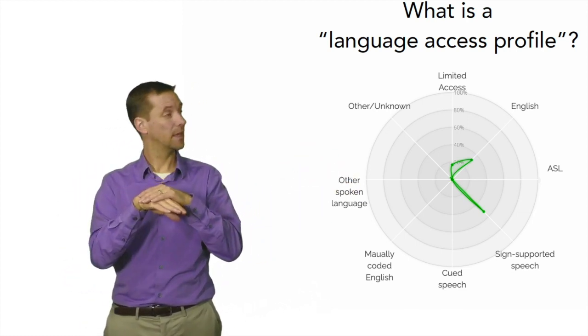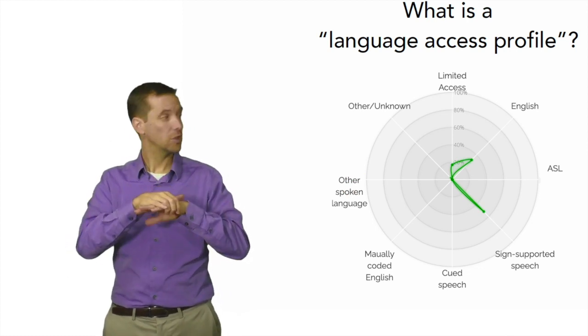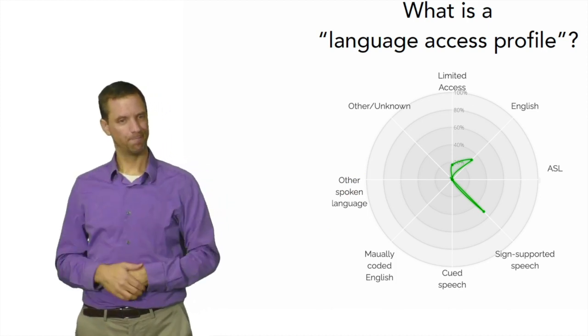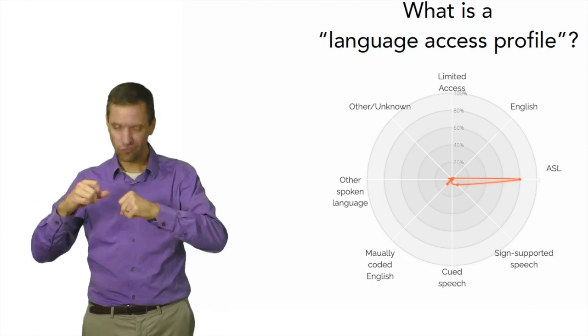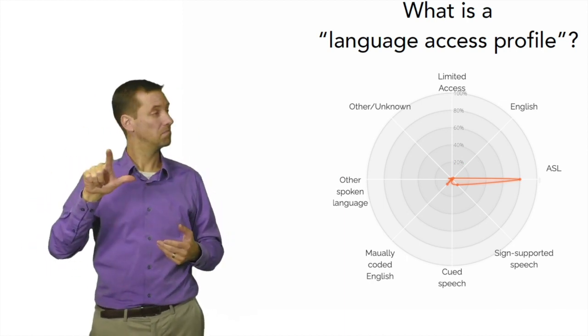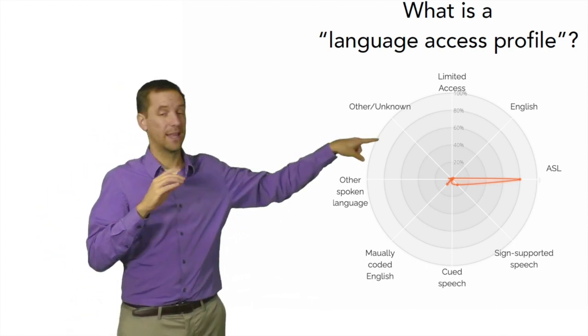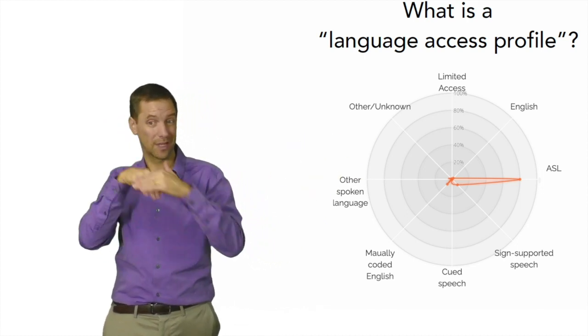In this case, we have about 20% limited access, 30% auditory access to spoken English, and in this case, most of the child's input is coming from sign-supported speech. This child has lots of access to ASL. This is about 80% ASL, with just a little bit of sign-supported speech, and really no auditory access to spoken English, and no limited access either.